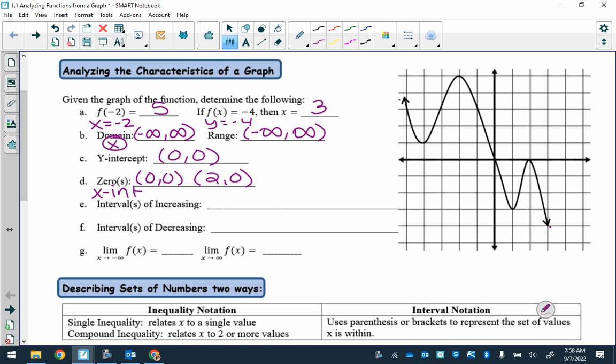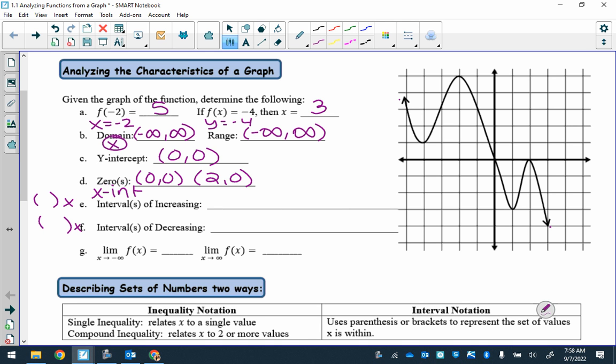Now, intervals of increasing and decreasing only have what? X values. Good. Excellent. And we should only show what? How should I write them? With parentheses only. So both of these are parentheses only with your x values.